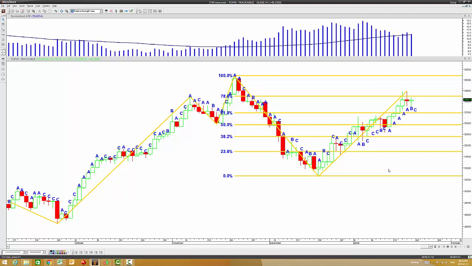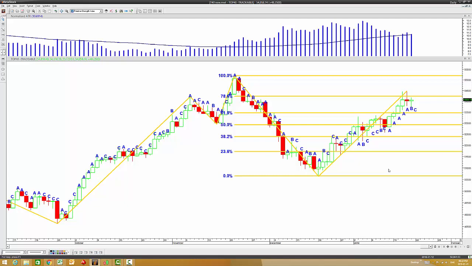The question really is whether those expectations have been priced into the market, or whether we see further rand strengthening once the markets open and that news digests itself into the market. That's something we need to look at and wait and see how the market responds.